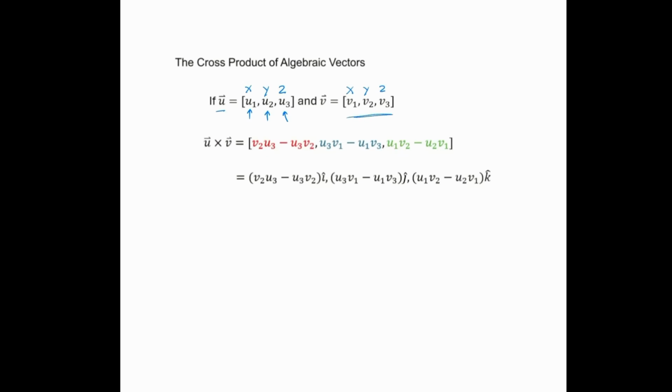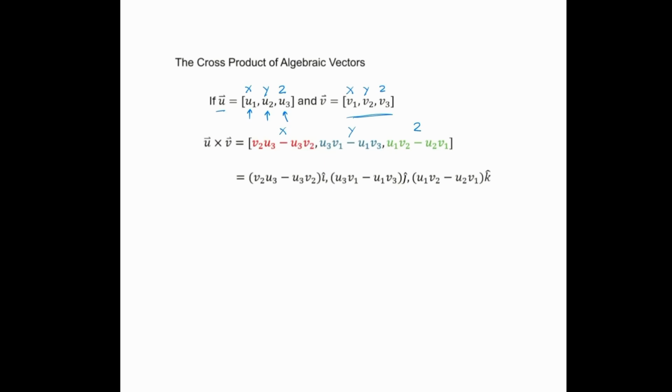Same thing over here. So if I have u cross v, I'm taking the difference between them. So I have v2 times u3 minus u2 times v3. That will be my x point. My y point will be u3 times v1 minus u1 times v3. And my z point will be u1 times v2 minus u2 times v1.